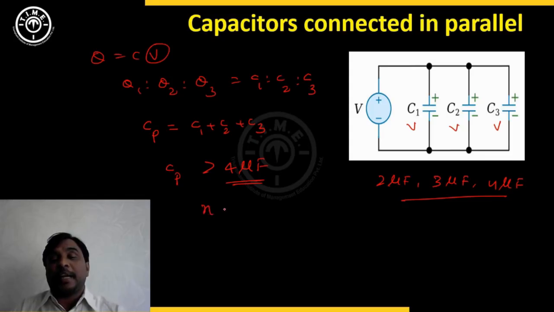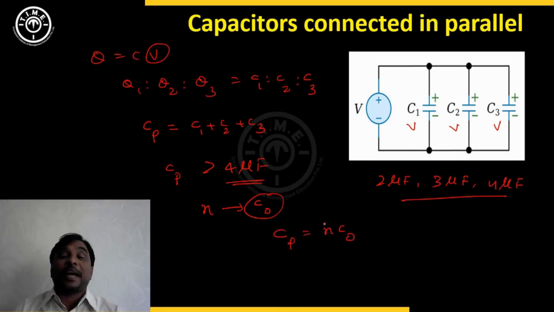If you connect n identical capacitors, each of capacitance C0, in parallel, then it will be nC0. Capacitance increases. You already have an idea on this; now more concentration on how to solve the problems based on series and parallel connections.